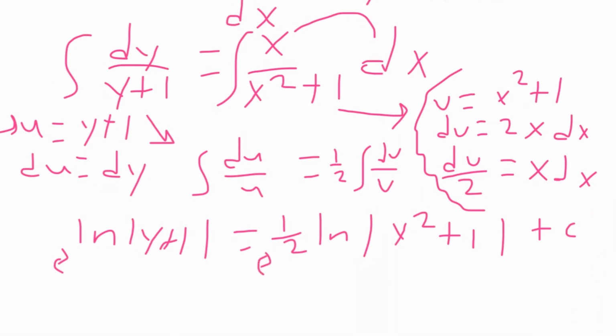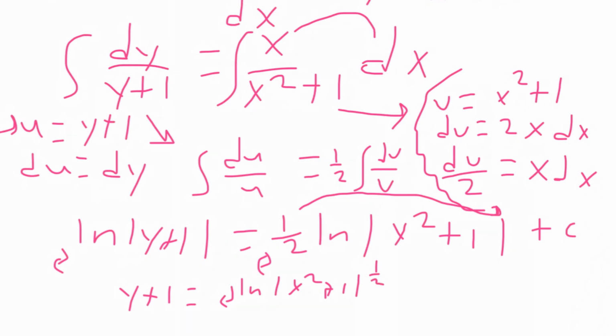So this would just become y plus 1 is equal to, this 1/2 could come up because it's a logarithm, so it'll be e to the ln of (x squared plus 1) to the 1/2, and plus c is also part of this exponent. So the e undoes the natural log, so it'll just be x squared plus 1 to the 1/2, and then you're left with times e to the c.